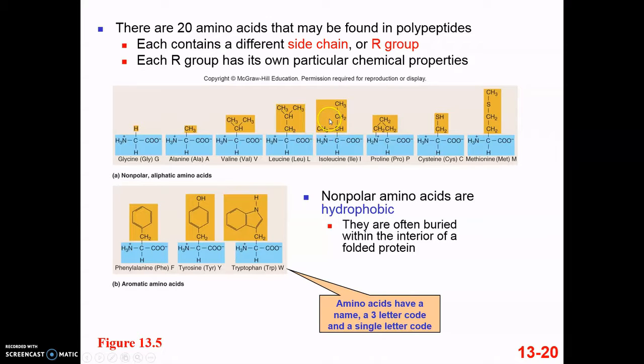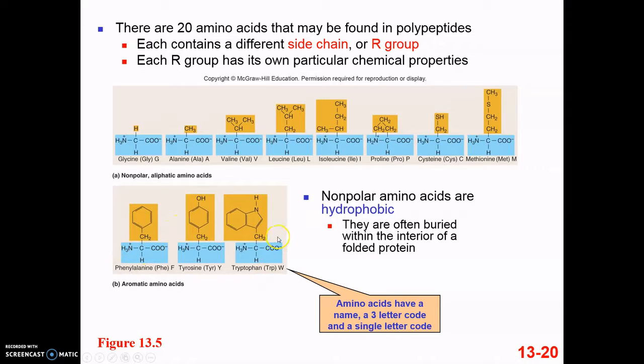Again, different structure, different function. But all of these are more or less nonpolar in nature. These last two, cysteine and methionine, and this first one, glycine, are kind of barely nonpolar, but for the most part, the bulk of these tend to act in a nonpolar way.